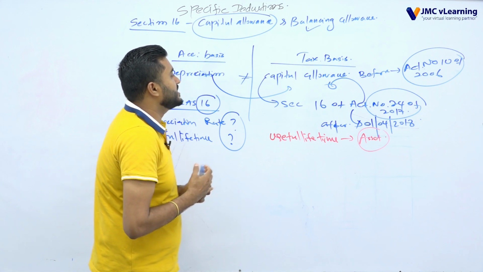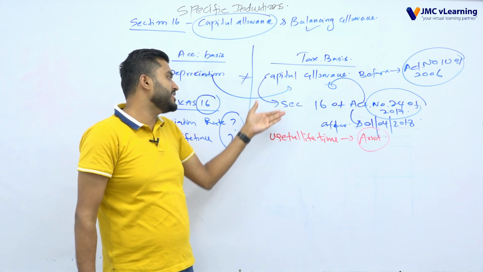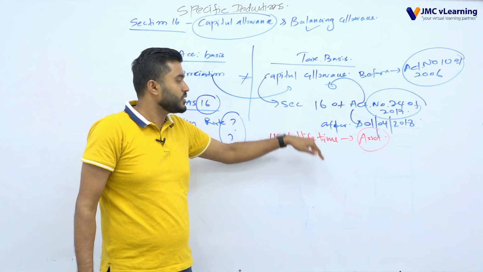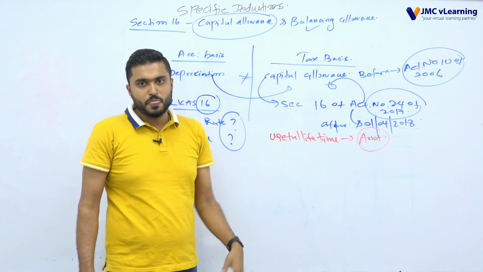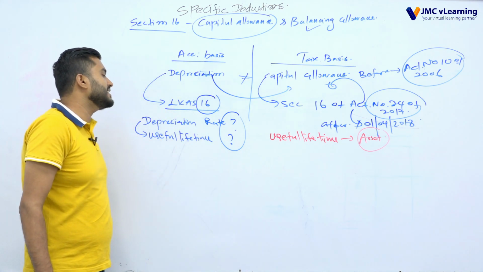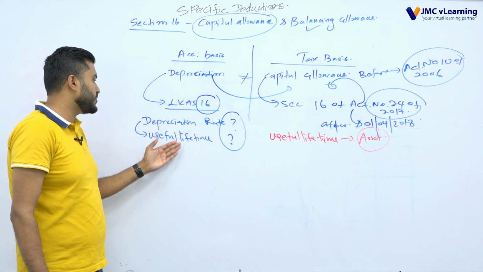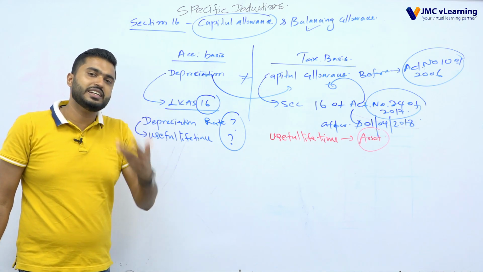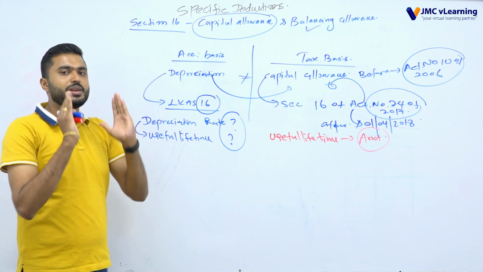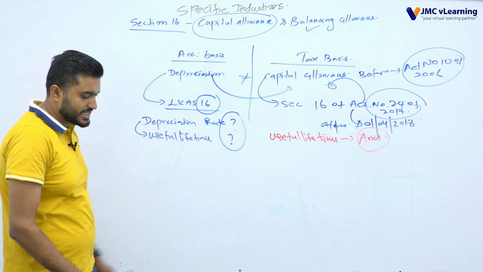For tax purposes, the management cannot decide the useful lifetime of a particular asset, because that has already been defined in the particular act. But in accounting, the standard gives nothing about the useful lifetime, because they give only the guideline on how to decide the useful lifetime. That is totally based on management judgment and experience.